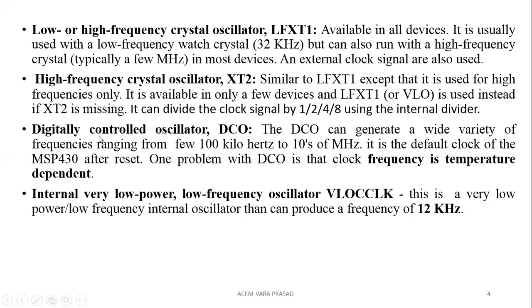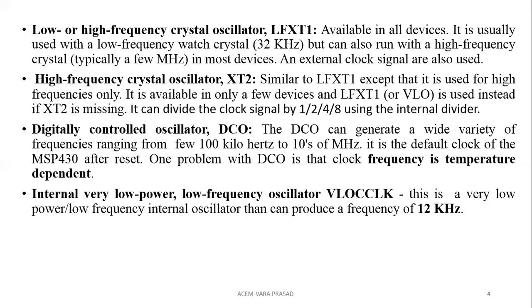And the next one is DCO. DCO means digitally controlled oscillator. The DCO can generate different clock frequencies from 100 kilohertz to 10 megahertz. It is the default oscillator. That means if you reset, this oscillator automatically generates the clock signals.